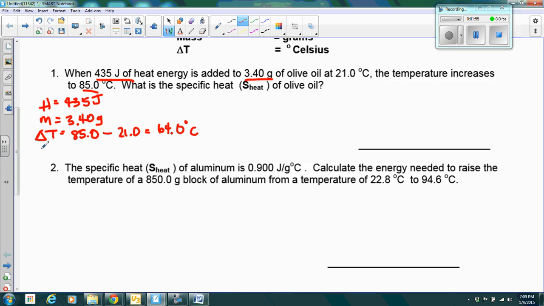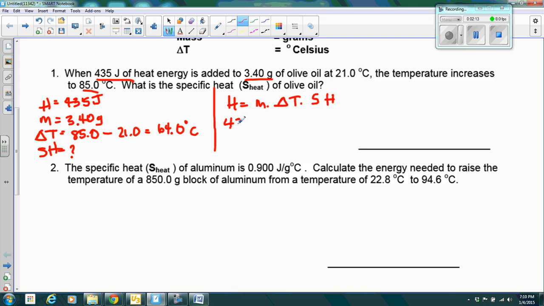And it's asking for my specific heat, so that is going to be my unknown. If I write my formula, heat is equal to mass times change in temperature times specific heat, I just need to substitute everything in.